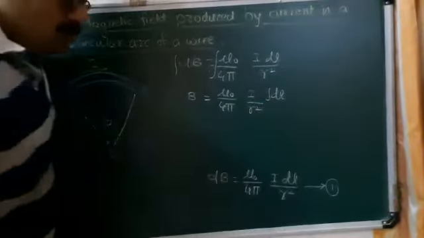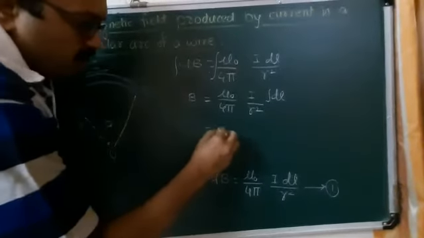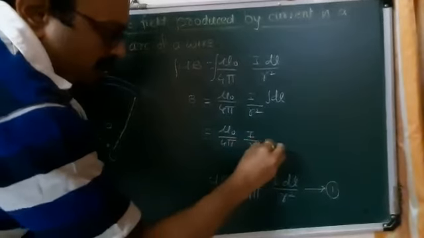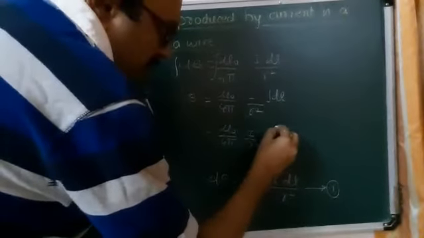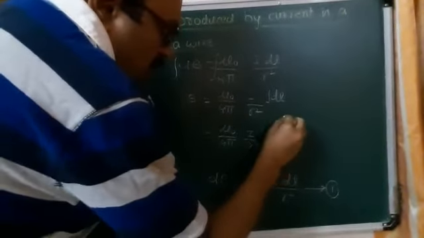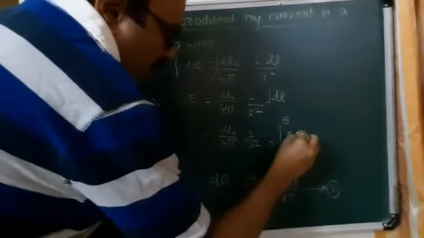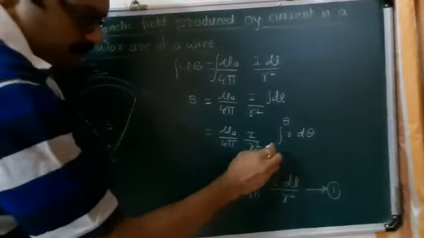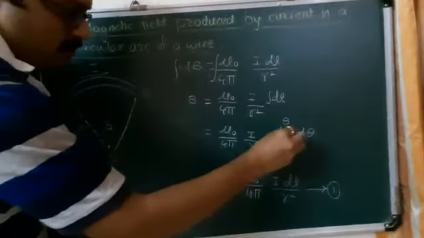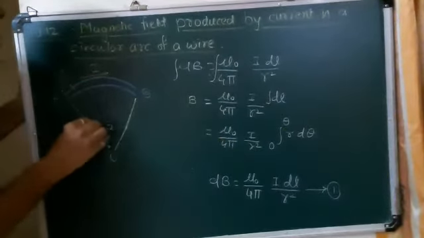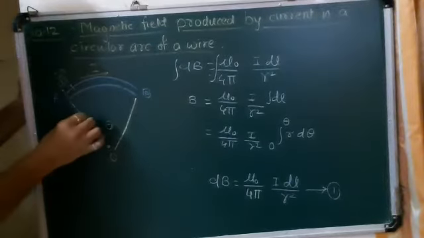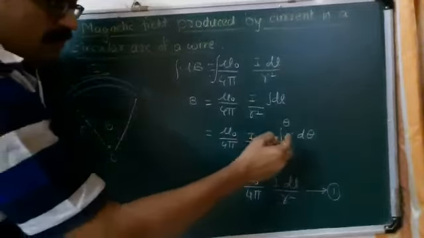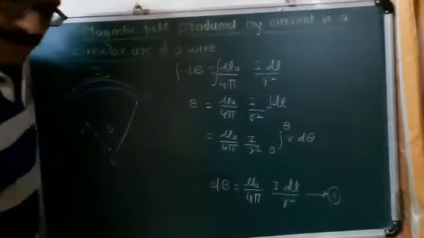Now we substitute the value of the integral of dl. B is equal to mu 0 upon 4 pi I upon r square, with the integral taken from 0 to theta of r d theta. Here a small angle d theta is created, and from that the integral of dl is r d theta.